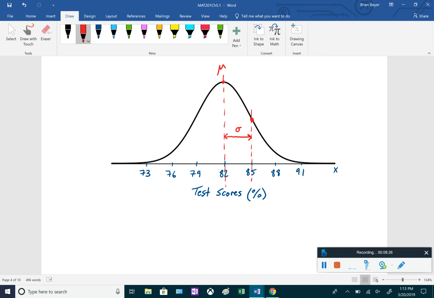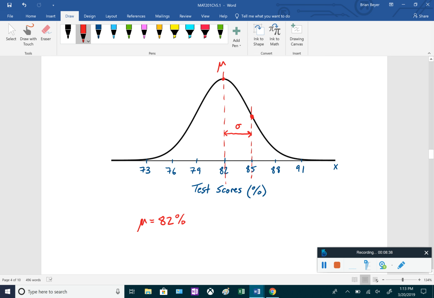Estimating this, we have a mean of 82%. It's labeled as percents for the horizontal axis. And then it looks like sigma is 85 minus 82. Obviously, you can do most of these in your head, which would give us 3%. And remember that standard deviation has the same units as the data set.